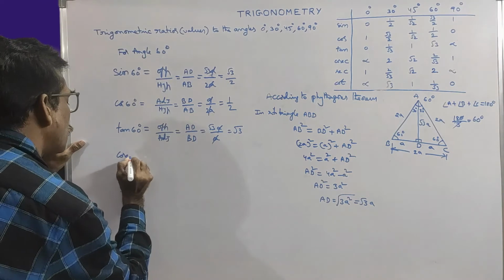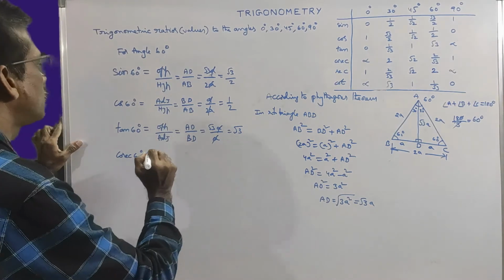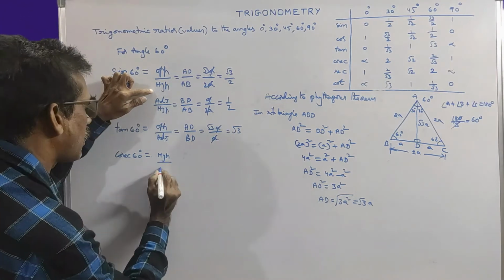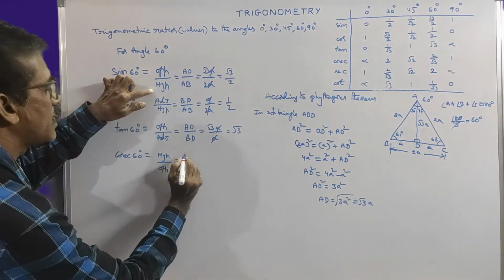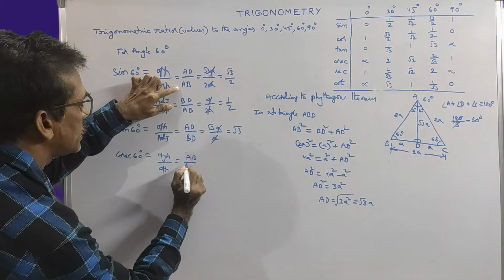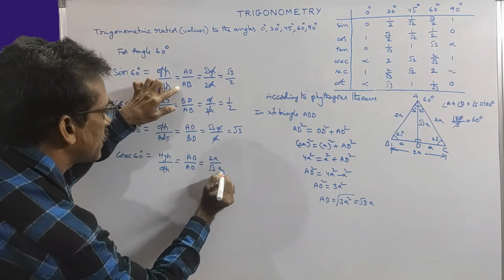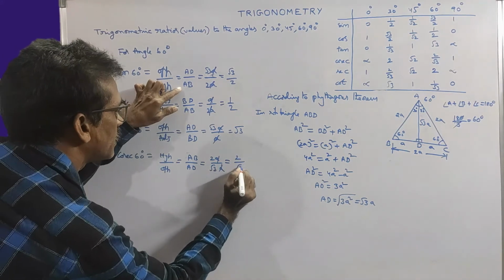Next, cosecant 60. This is simply the opposite of sine, that is hypotenuse by opposite side, AB by AD, that is 2A by root 3 A. A cancels, 2 by root 3.